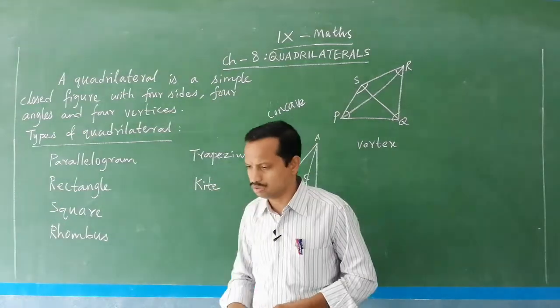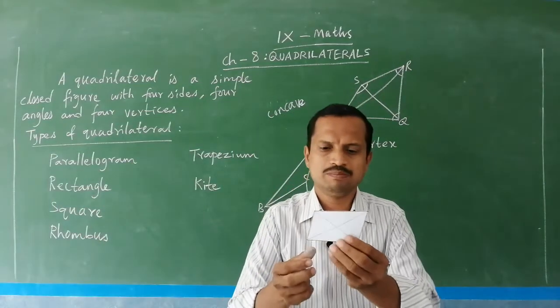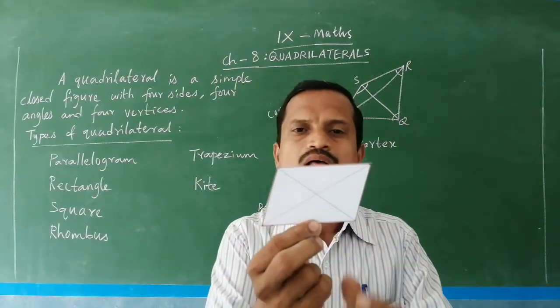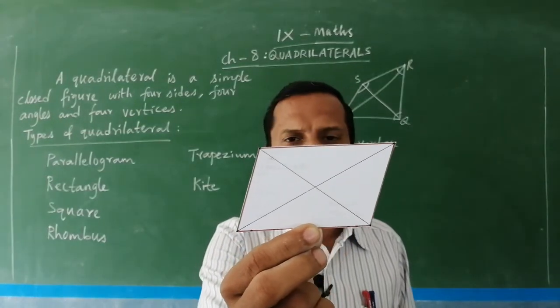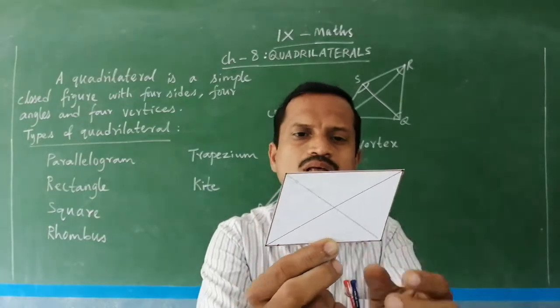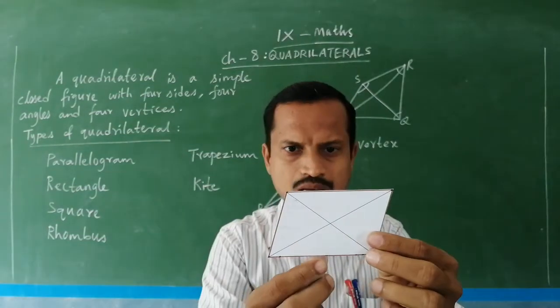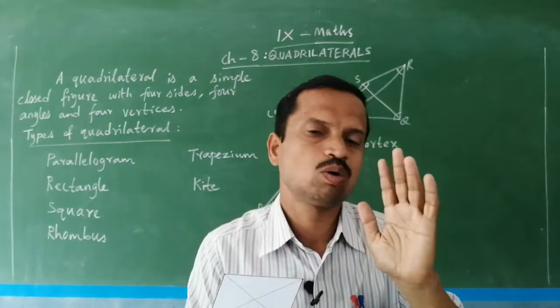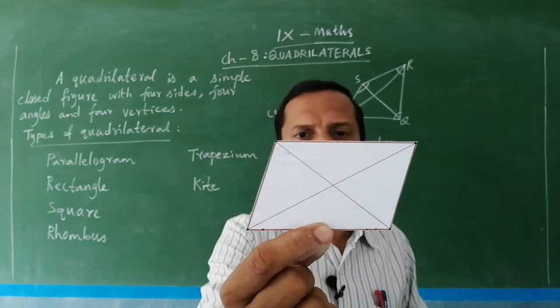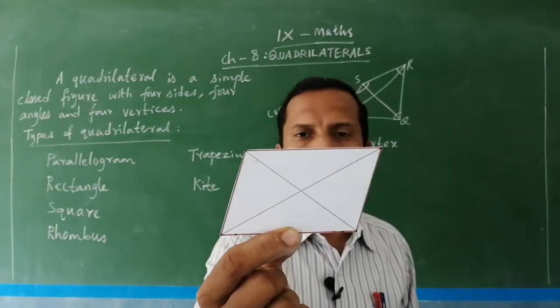So what is parallelogram? You see, this is the parallelogram. Here you see a four sided figure and four angles. These are the two diagonals. And you should know about the properties of each quadrilateral. So parallelogram means opposite sides are equal and parallel.